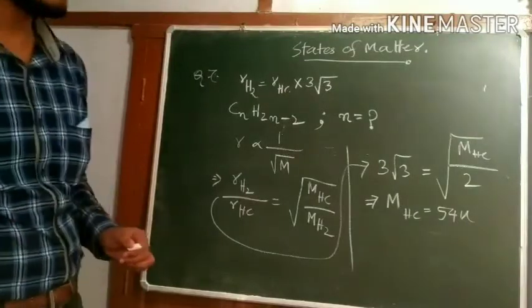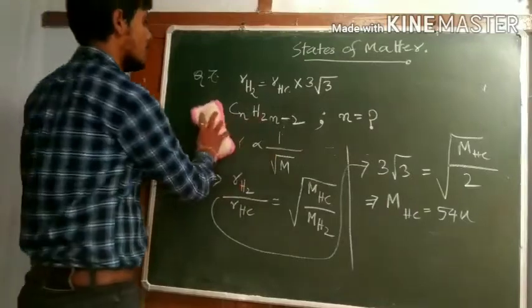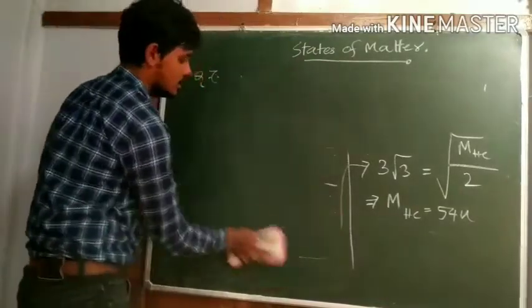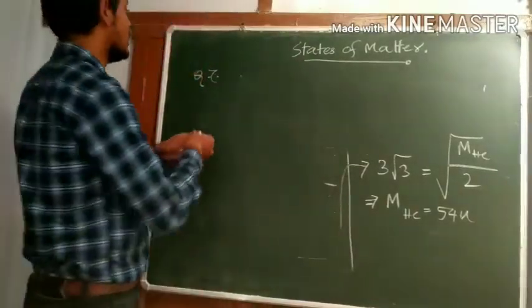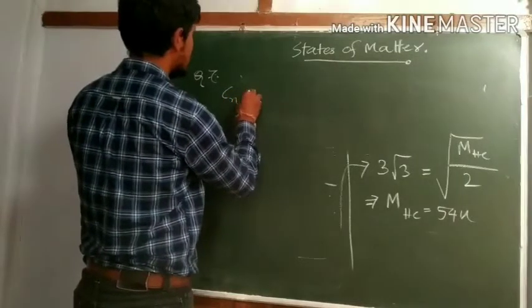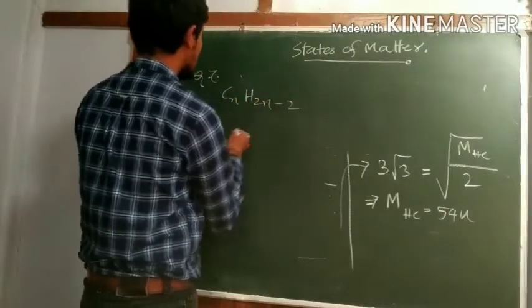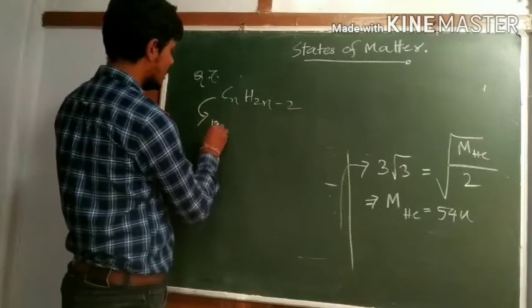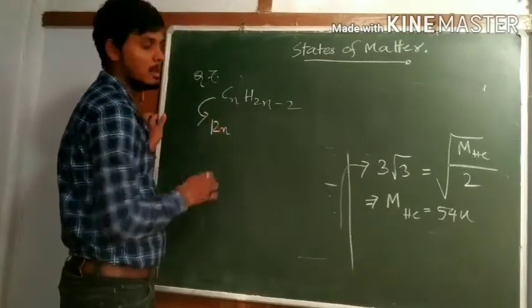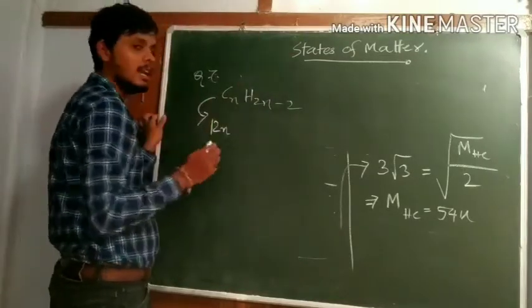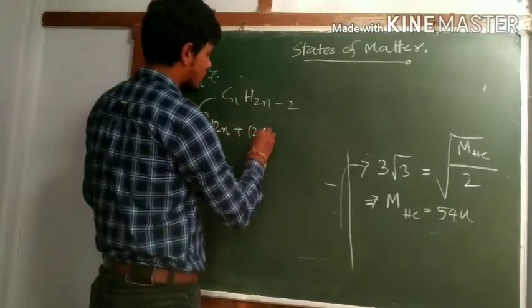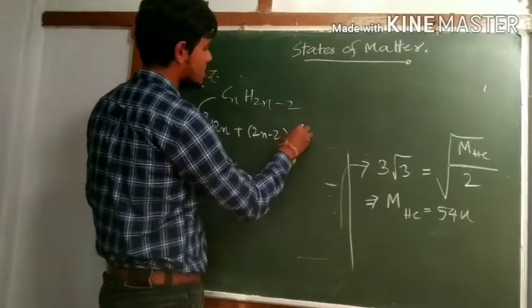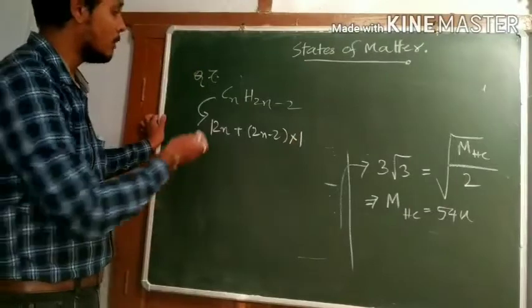Now we have to find the value of n. If the hydrocarbon is CnH2n-2, then the molecular weight is given by 12 into n, because the atomic weight of carbon is 12 and there are n carbon atoms, plus (2n minus 2) into 1, since 1 is the atomic weight of hydrogen.